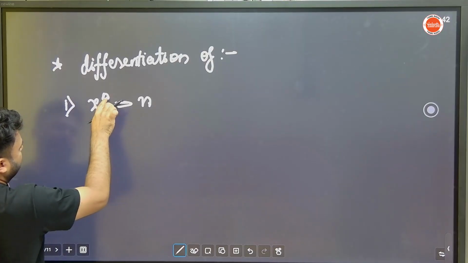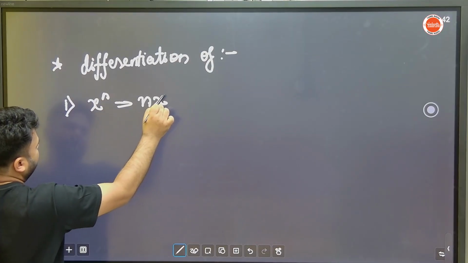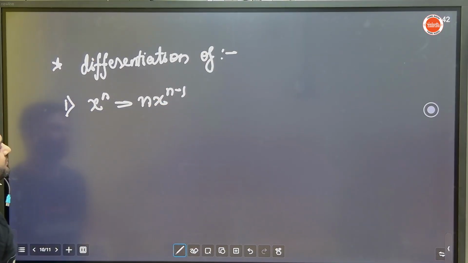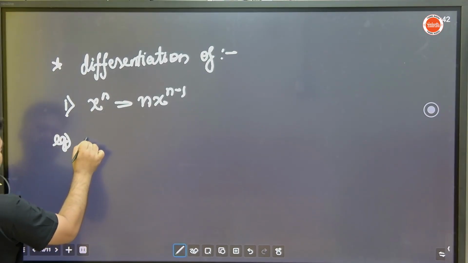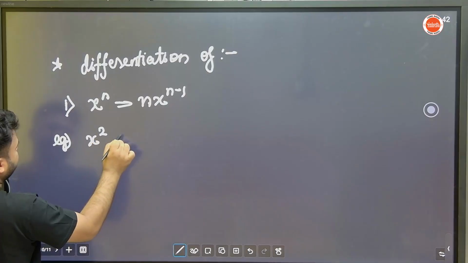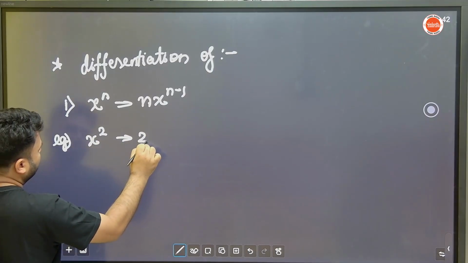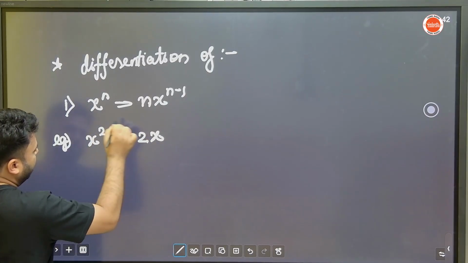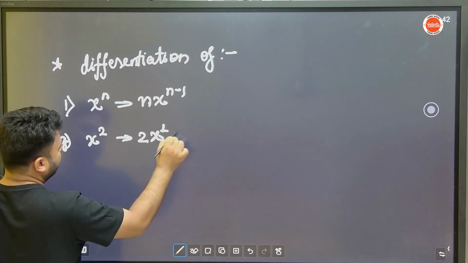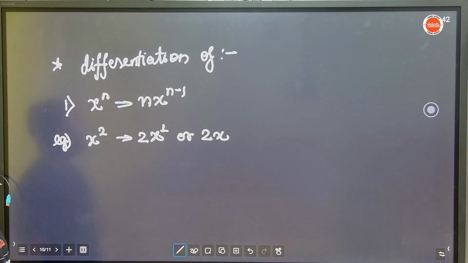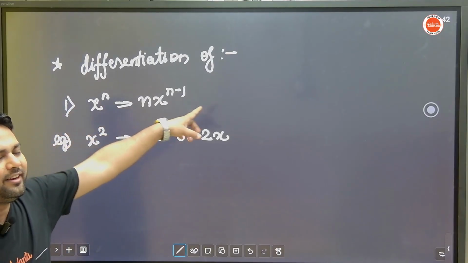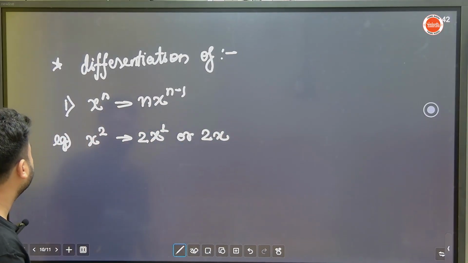First you write this power, then you write this variable, n minus 1. For example, if they give x to the power 2 differentiation, first you write power 2, then x, then power 2 minus 1, that is 1, or you can just write 2x. So differentiation of x to the power n is n into x to the power n minus 1.